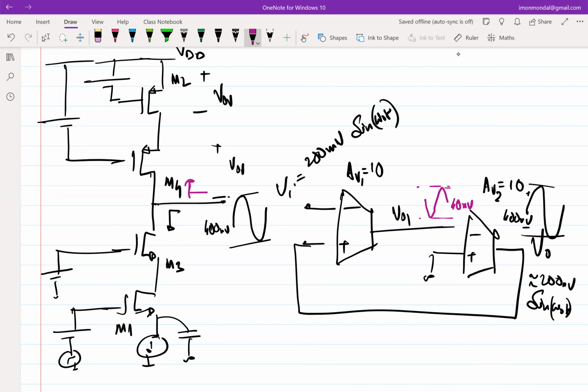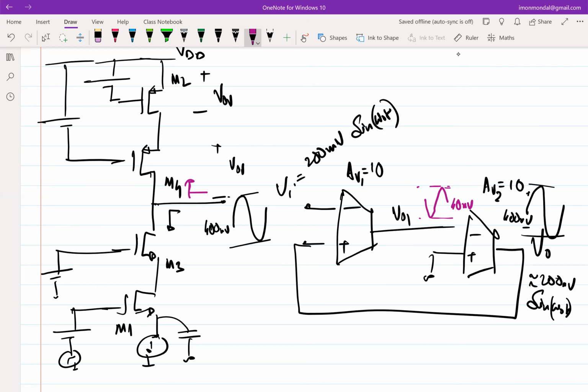By the way, one quick question: if I ask you what is the swing at the input of the first stage, what will your answer be? Is it 400 millivolt? How do you define an input? V plus and minus, right? So the difference between these two terminals.